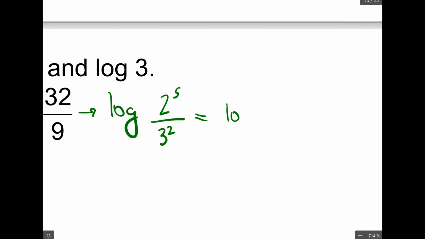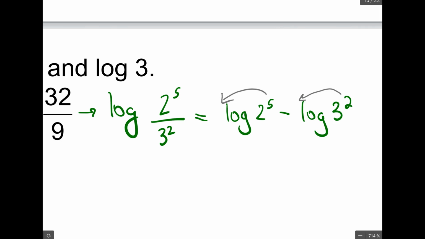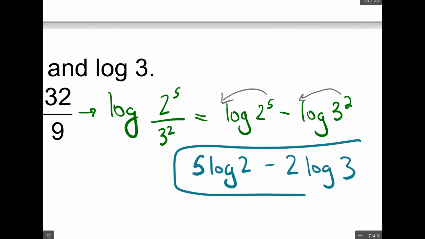This is the same thing as log 2 to the 5th minus log 3 squared. Now we're going to use the power property and bring the exponents out front. So this is 5 log 2 minus 2 log 3. And that's it. We have it in terms of 2 and 3.